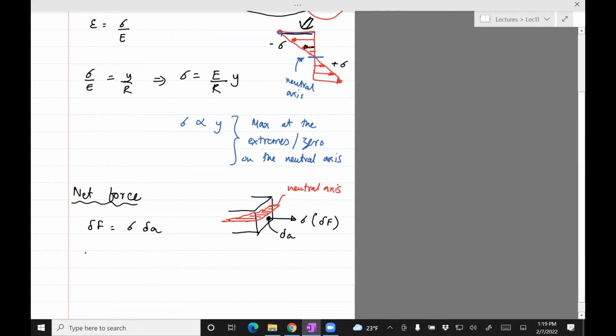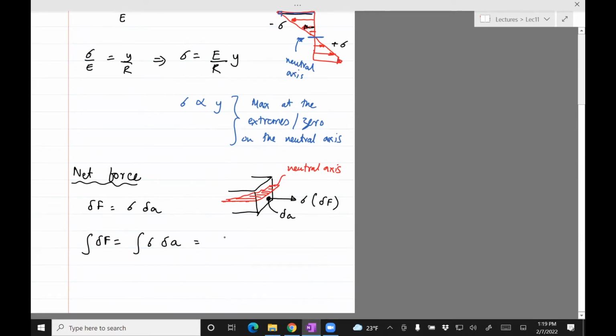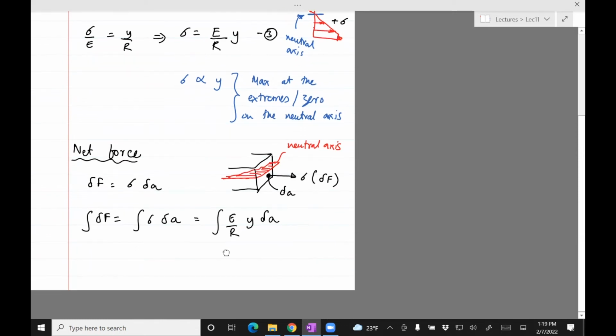So the net force equals integral sigma delta A, but sigma delta A is, let's call this 3.